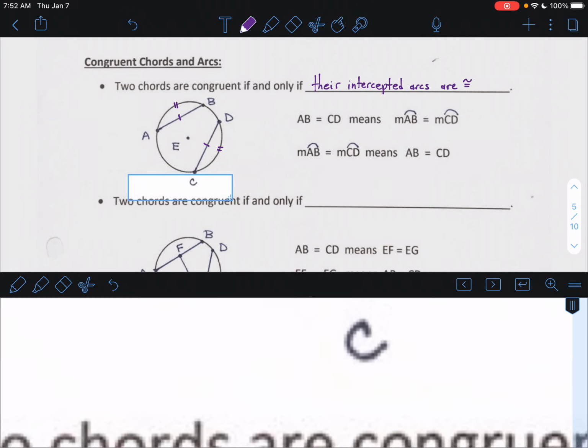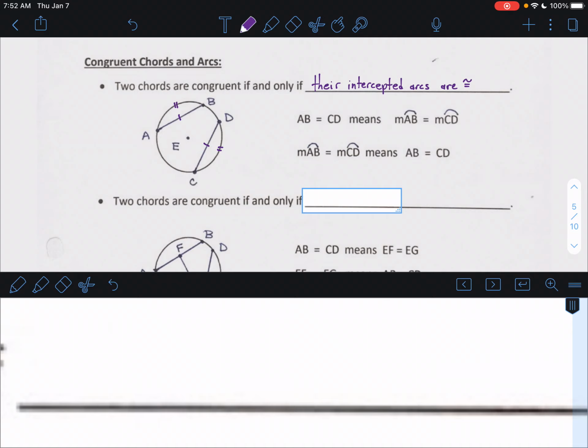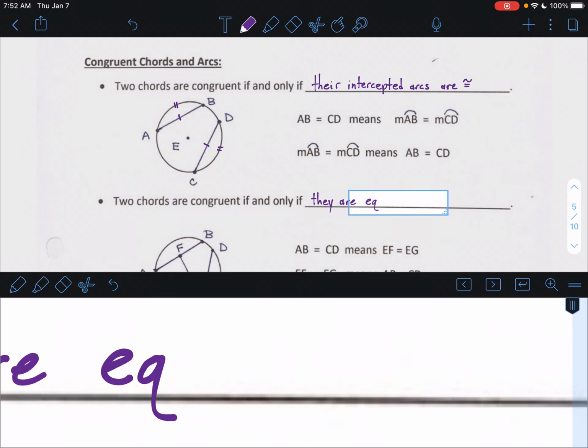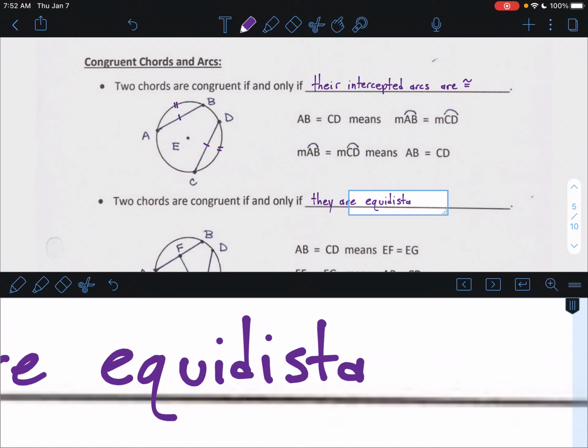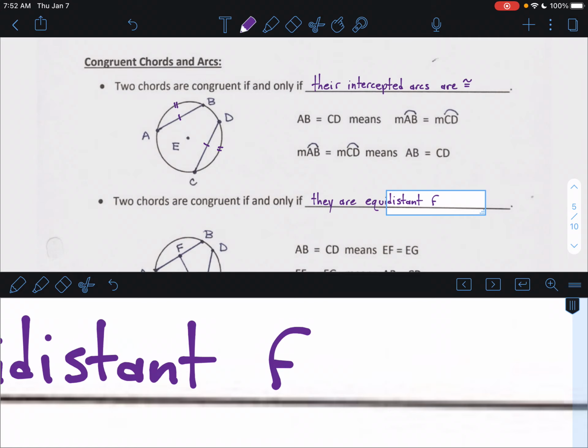Our second property of these chords is that two chords are congruent if and only if they are equidistant from the center.